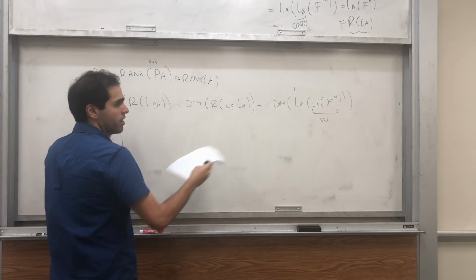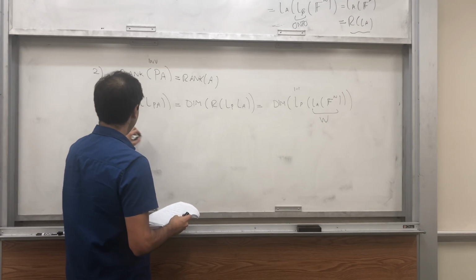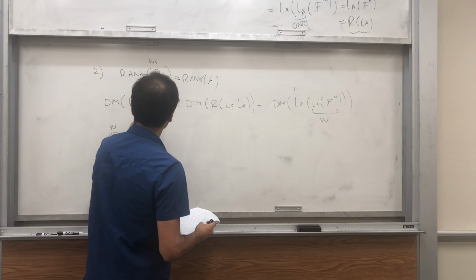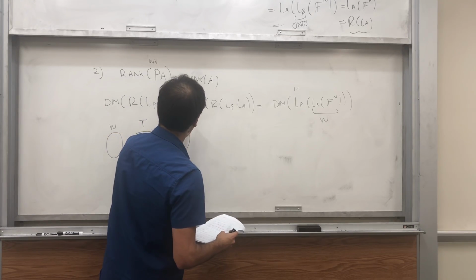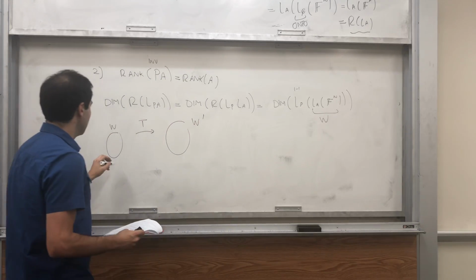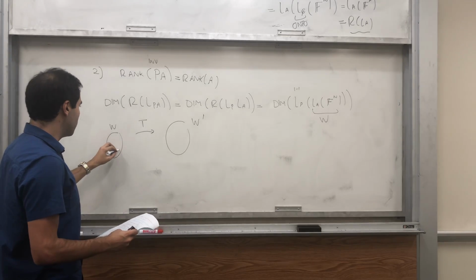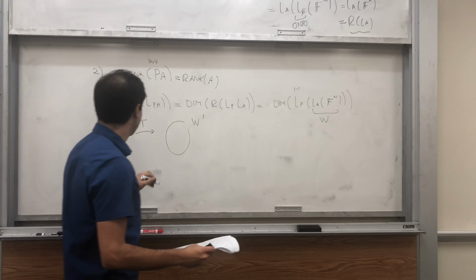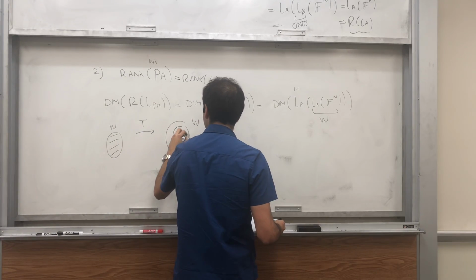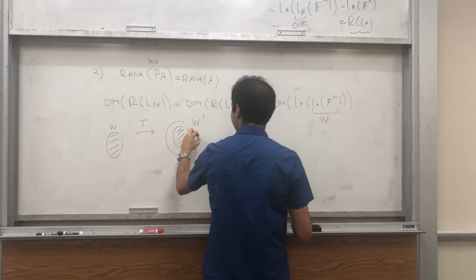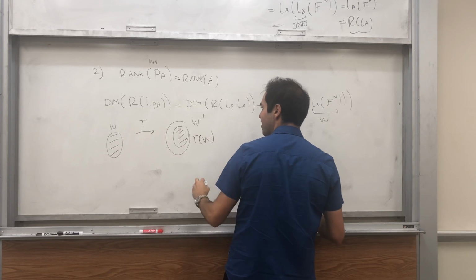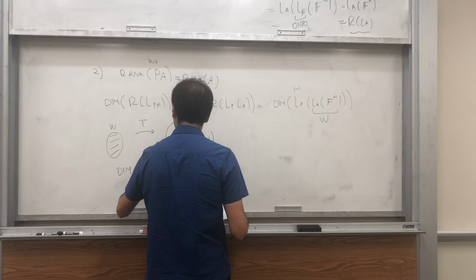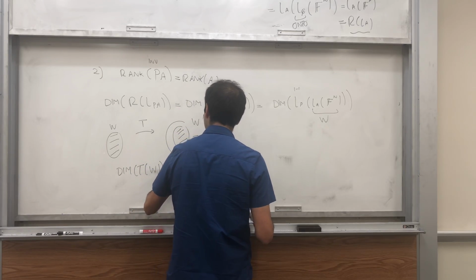Now, here's a fact that you can show: if you have a 1-to-1 linear transformation, let's say T, in this case from W to, let's say, W prime, then if T is 1-to-1, the size of the input is equal to the size of the output. That's because T doesn't squish anything. So in particular, if T is 1-to-1, the dimension of T(W) equals the dimension of W.